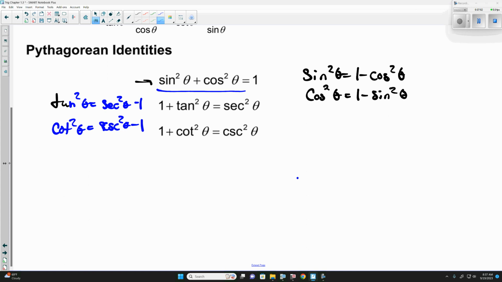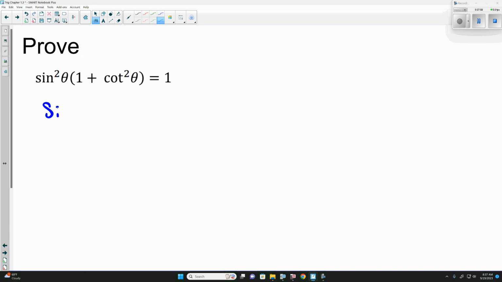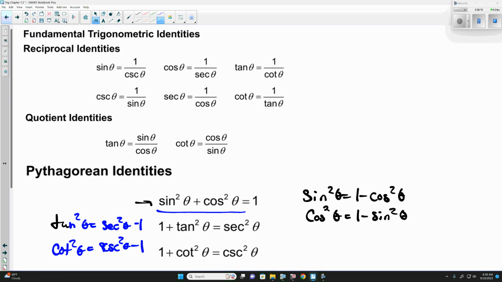If we look down here, 1 plus cotangent squared is cosecant squared. So I could have done that. I could have said that sine squared of theta times this whole thing is cosecant squared of theta. Well, cosecant is 1 over sine.